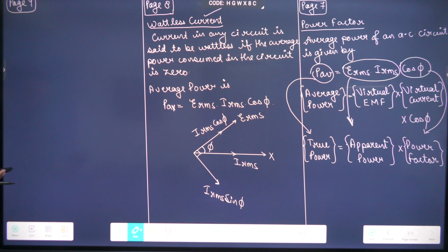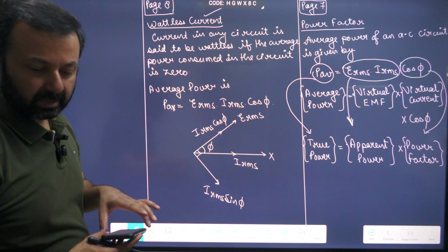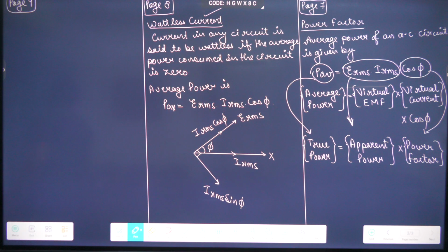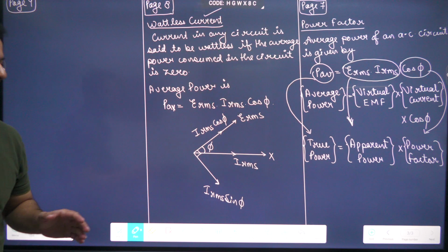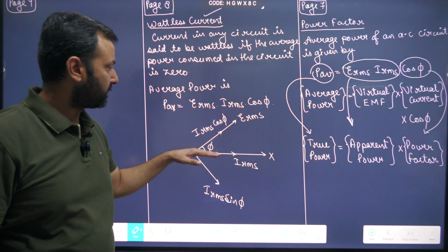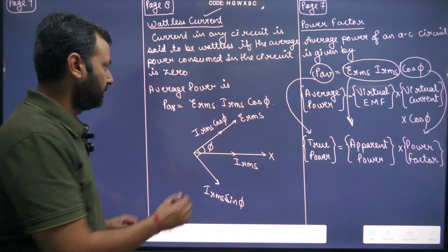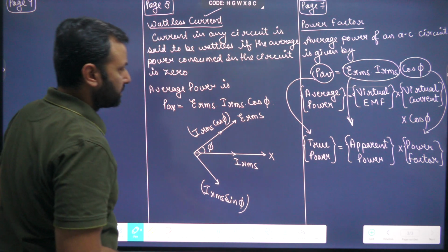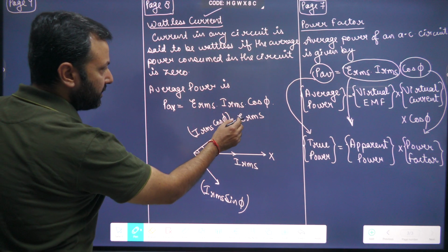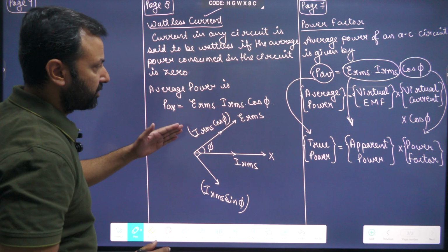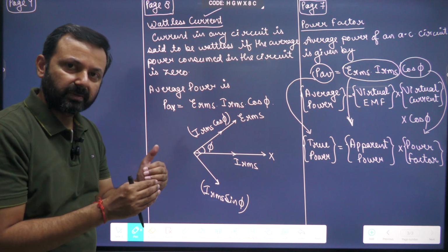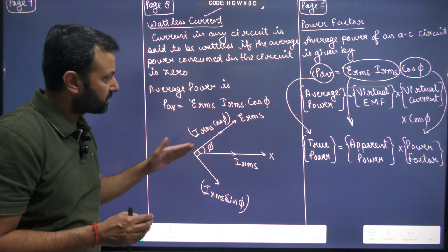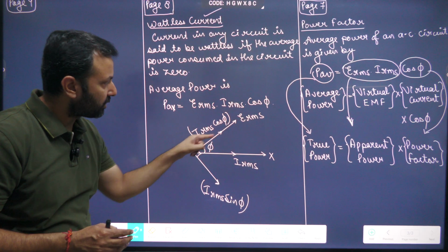Therefore, P average is equal to, since I have resolved IRMS into two components, one component IRMS cos phi and the other IRMS sin phi. The angle between ERMS and IRMS cos phi is 0, because they are in the same phase, along the same line.